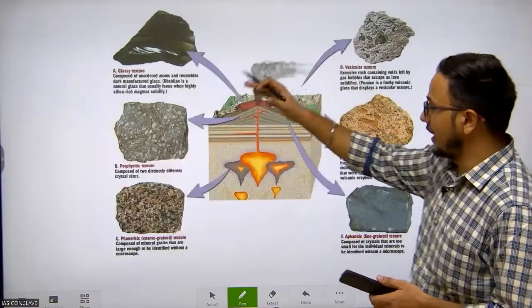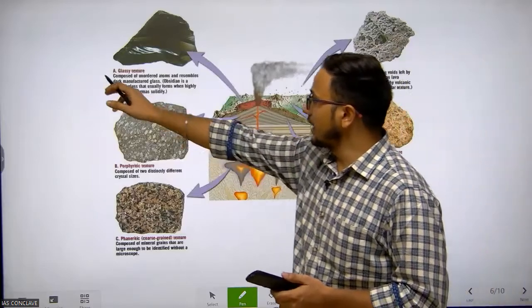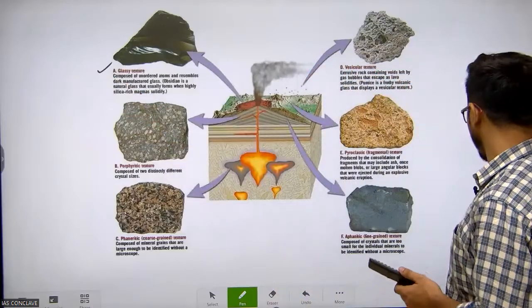Now look at these. These are the different types of textures as magma erupts. In this session we will cover the glassy texture.